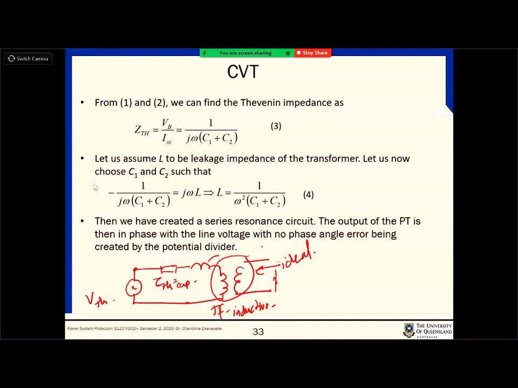We can reduce that error by using this technique, avoiding voltage drop on this line. So that is the technique. We will have some calculations related to that in the tutorial, so you will see how to select C1, C2 and L using this concept.